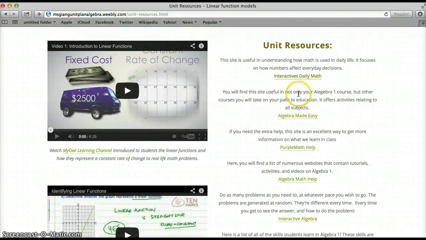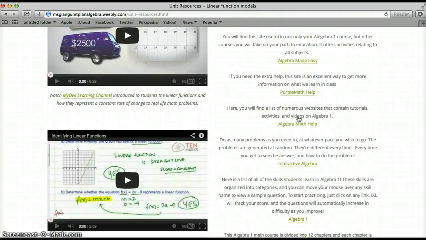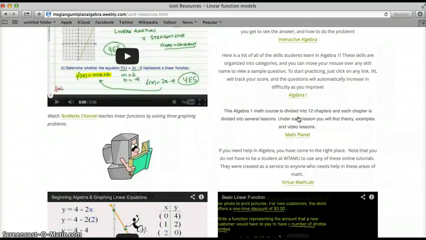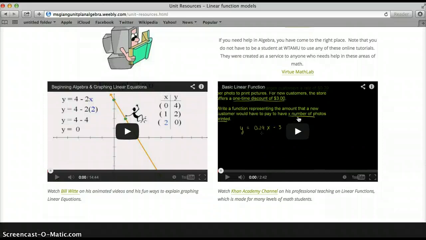So: interactive daily math, algebra made easy, purple math help, interactive algebra, math planet, virtual math lab. All of them are very important to take a look at, because they can really help students gain a very fast learning pace.